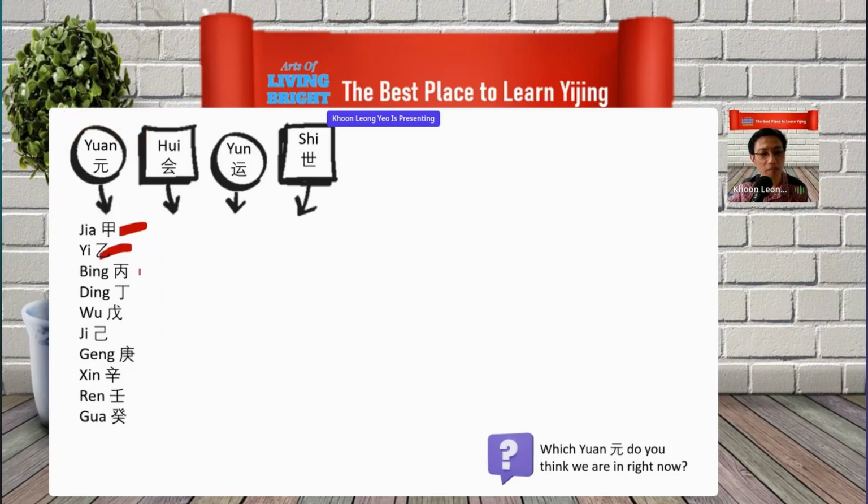So 甲乙丙丁, it could be 甲元、乙元、丙元、丁元、戊元、己元、庚元、辛元、壬元、癸元, right?